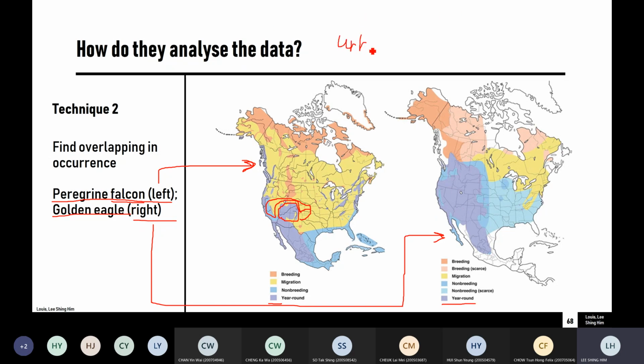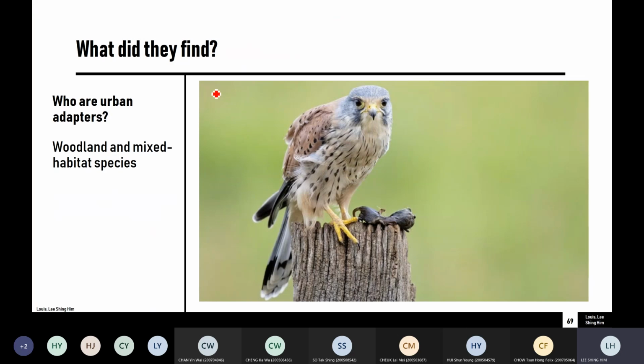Remember, our research question is still urban versus rural. Which species will live in urban area? So they plot their observation data and then see which species turn up in urban for most of the time. The finding is quite interesting.